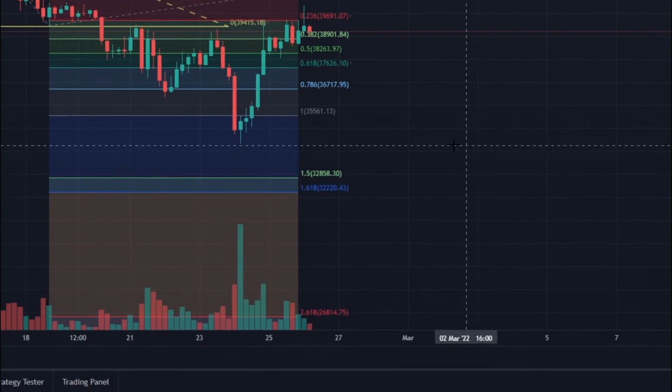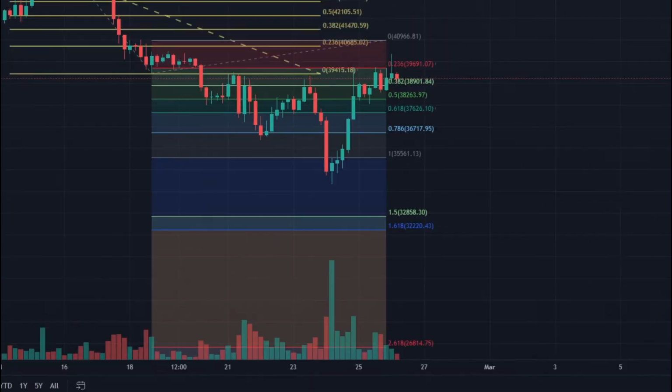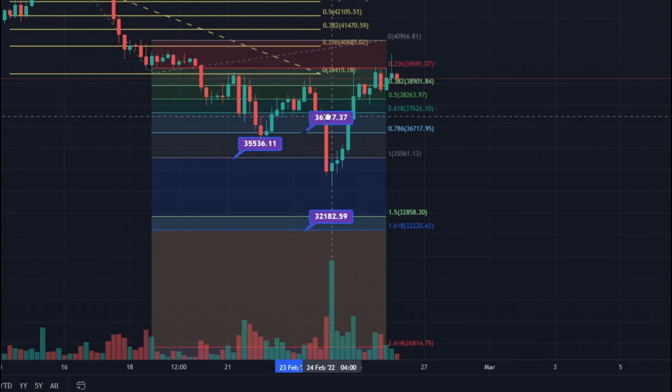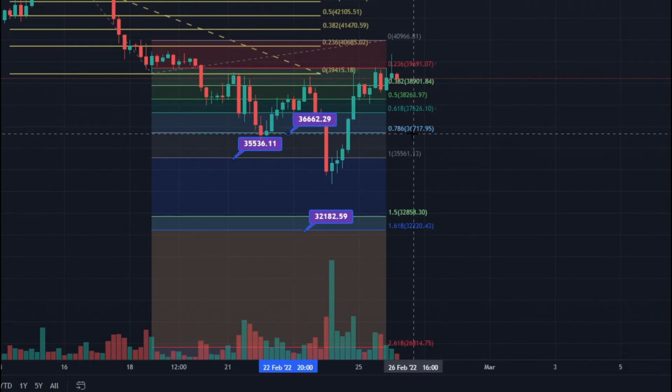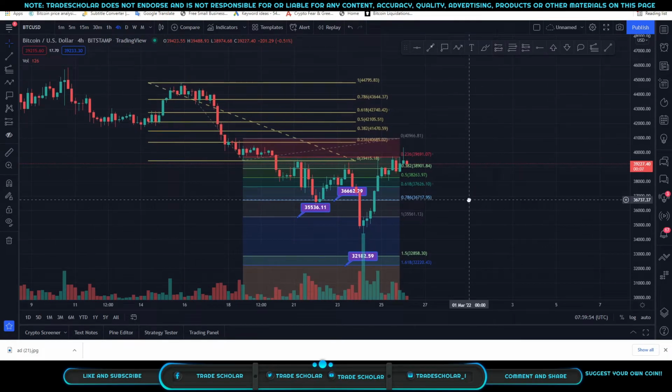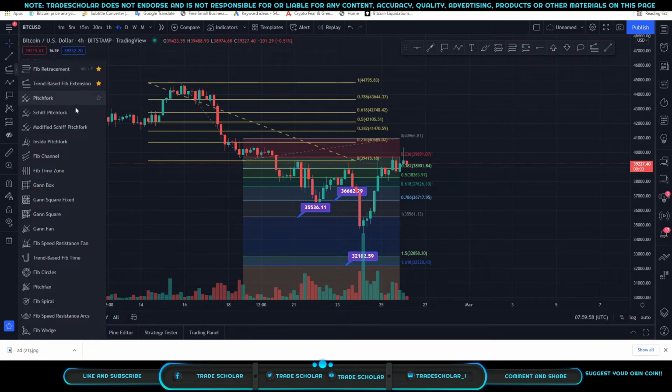Our price targets will be 0.786, 1, and 1.618. Okay? So how to use the Fibonacci retracement and finding the take profit? Use the trend-based Fib extension.